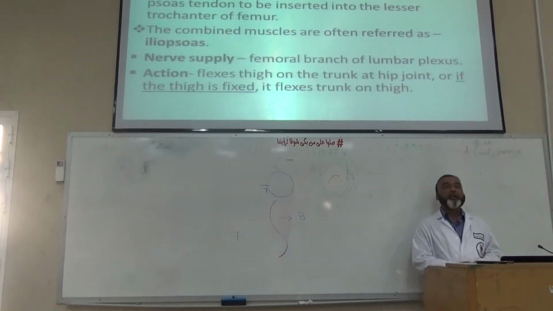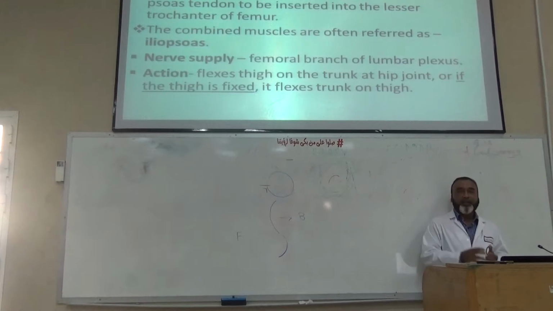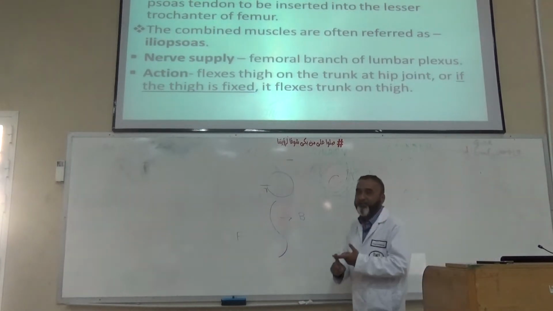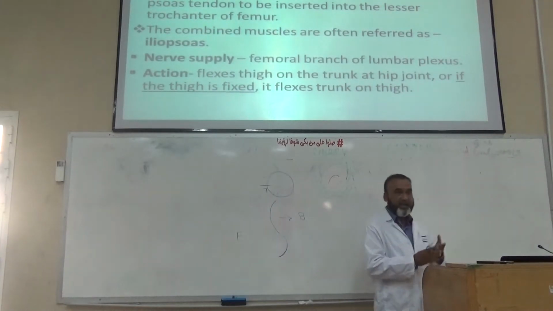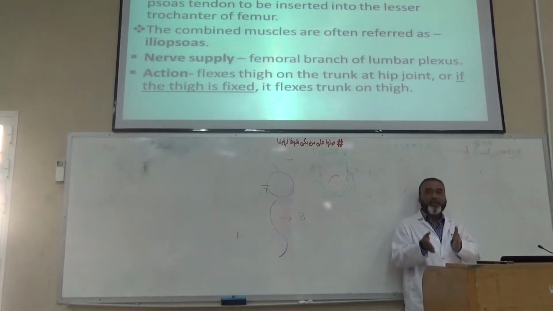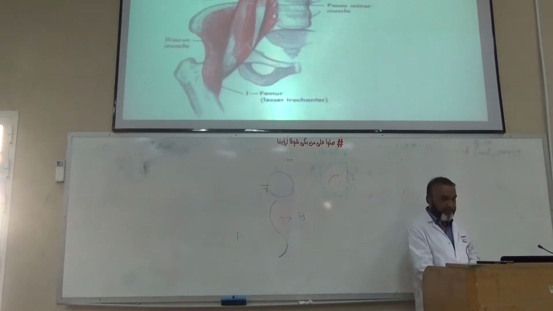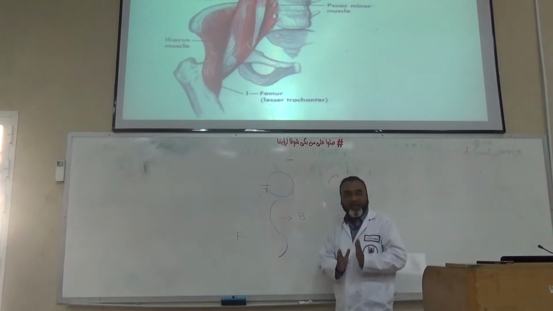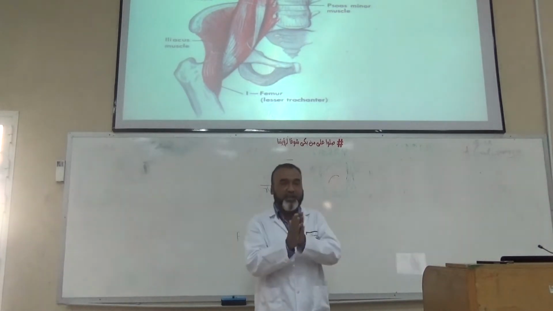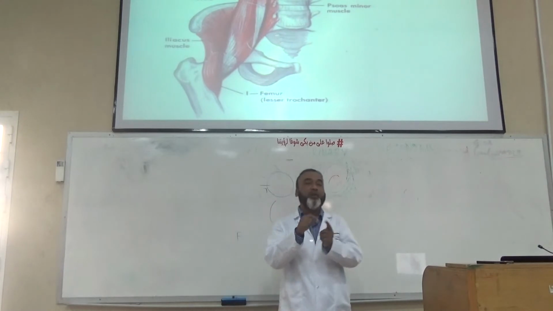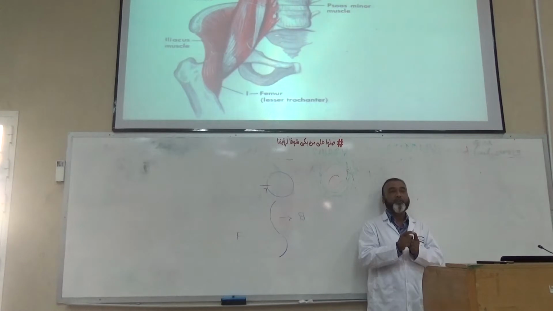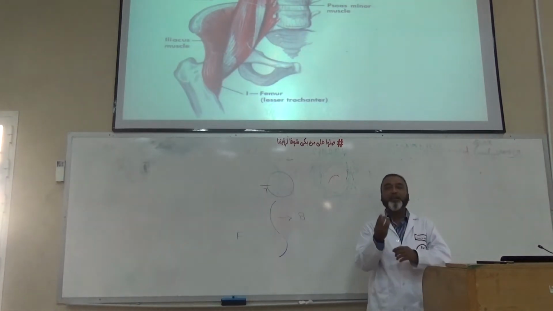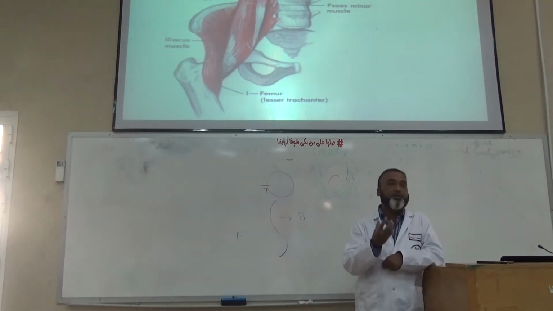Then we come to the iliacus muscle. As we know, the iliacus muscle originates from the iliac fossa, and then it passes down on the lateral side of the psoas and joins it before its insertion over the lesser trochanter of the femur in a single tendon named the iliopsoas muscle.